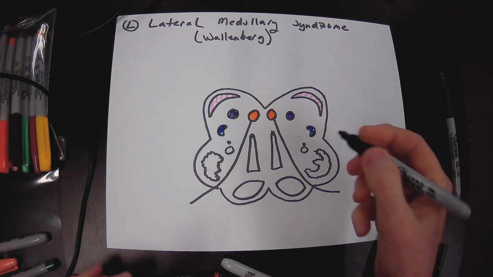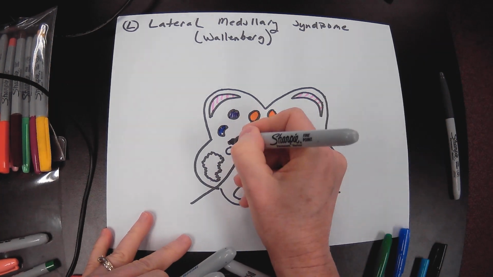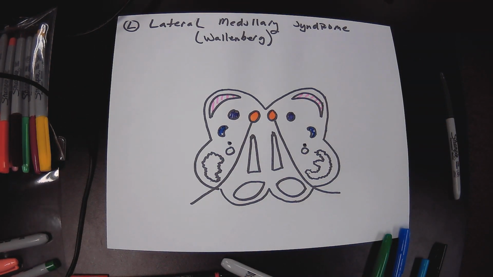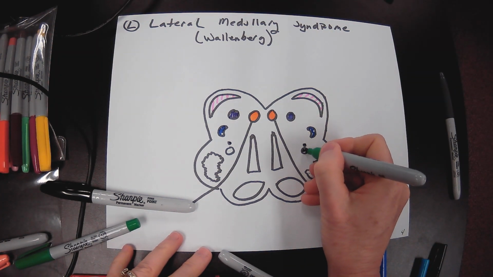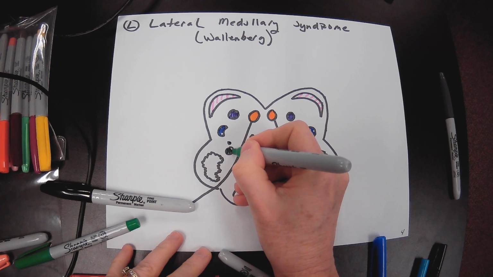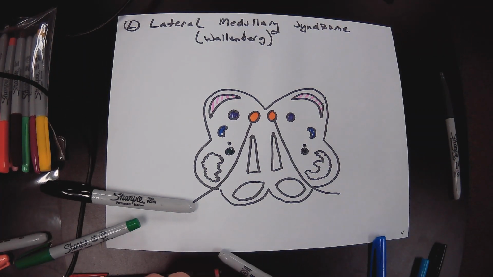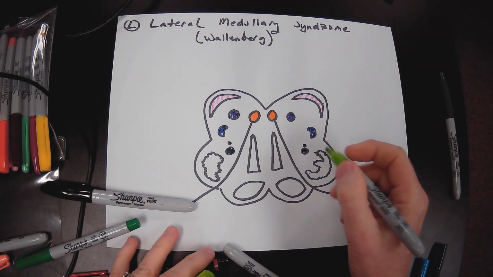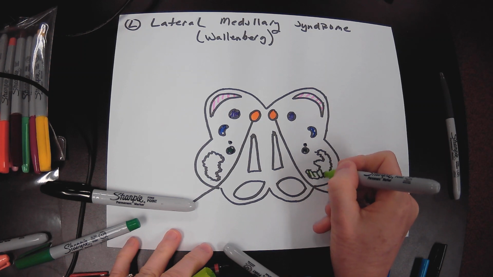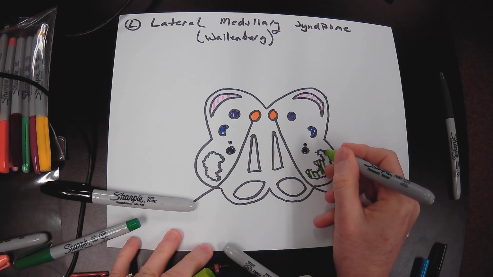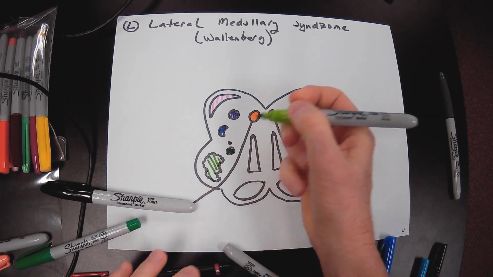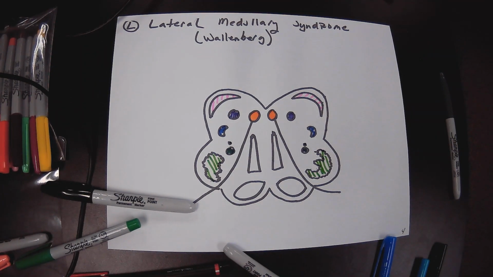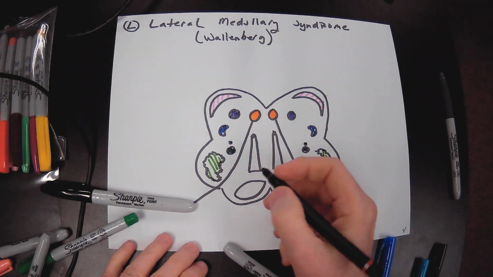Your sympathetic tract hanging around with the spinothalamic tract is just black. Spinothalamic tract I use is green. Here's your inferior olivary nucleus. And your corticospinal tract.